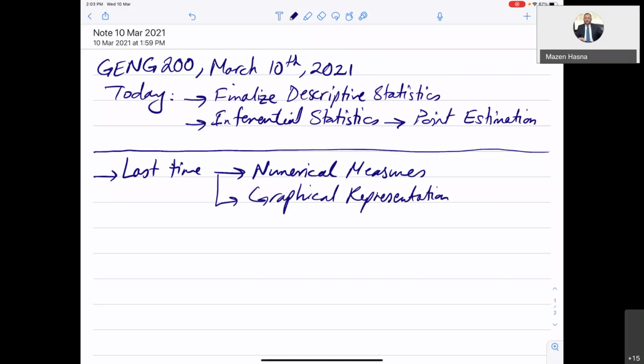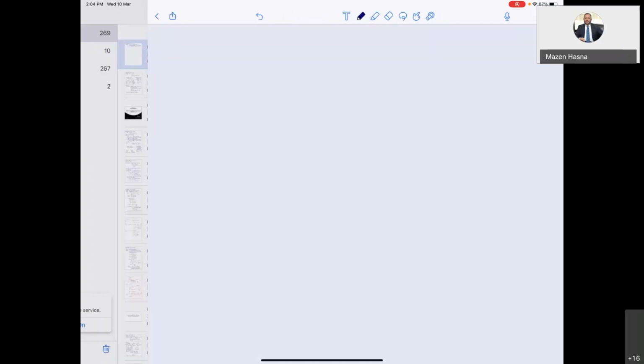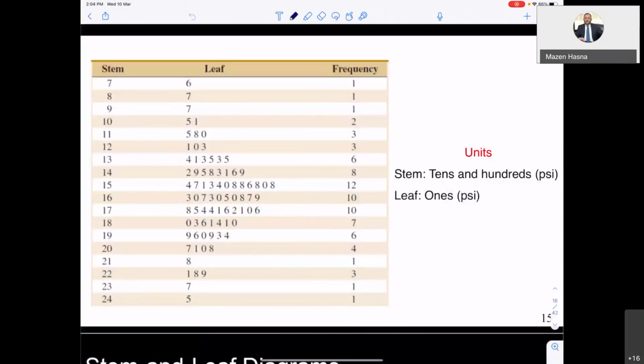And we said the first way that we talked about was the stem and leaf diagram. The best way to do the stem and leaf diagram is, again, to do an example.